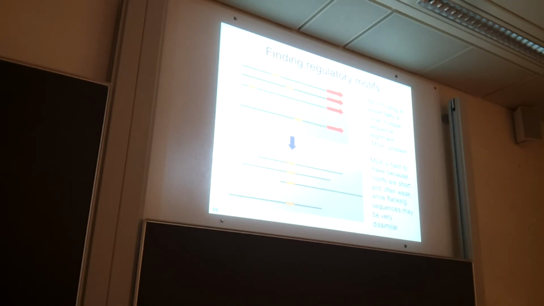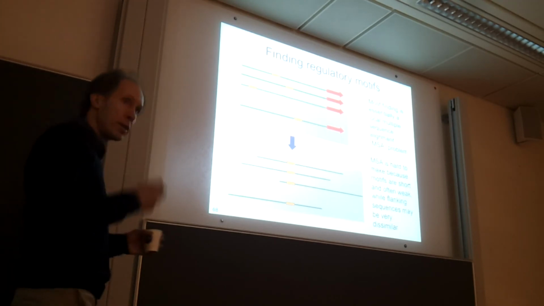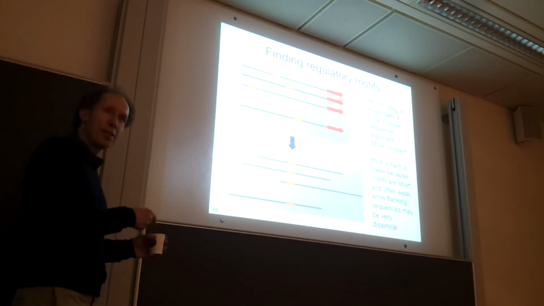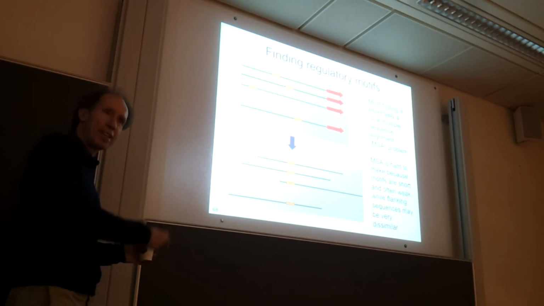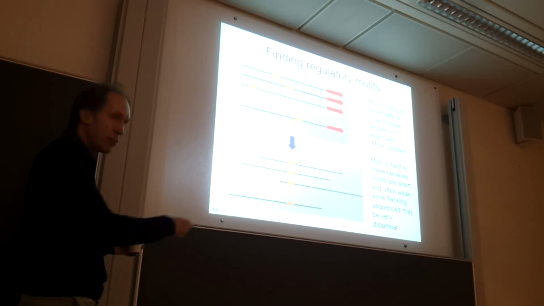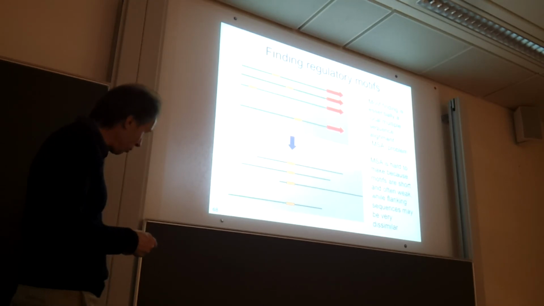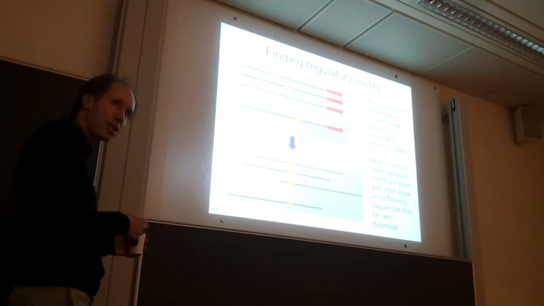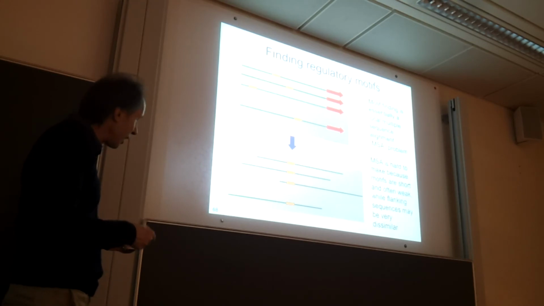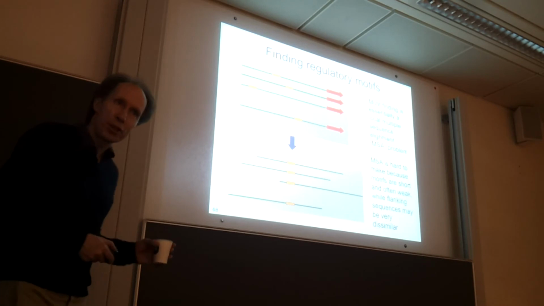So what would be the first thing to do? Get a splendid alignment, align this, and then you can just look to what extent it is conserved. But the problem, of course, is to get an alignment here with these green bits that are entirely different bits of sequences will be difficult.